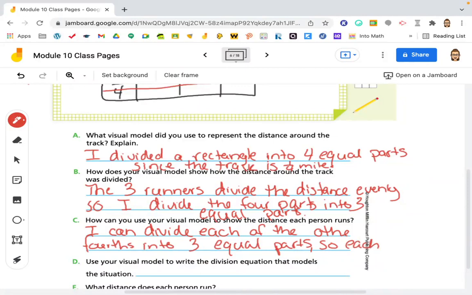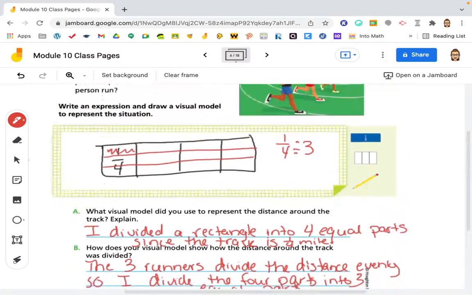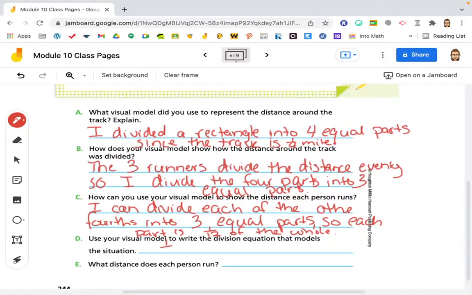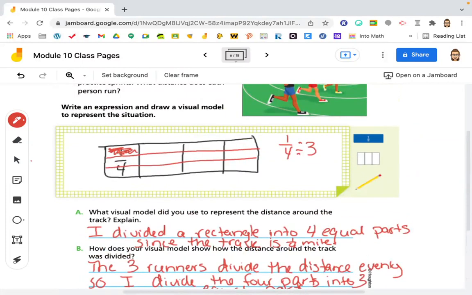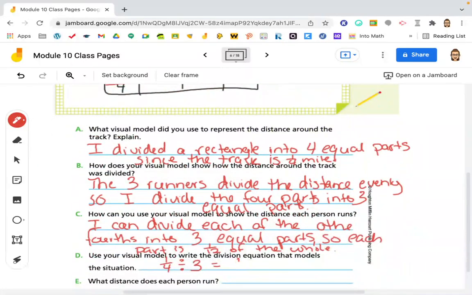So each part is 1/12 of the whole. Then it says, use your visual model to write the division equation that models the situation. Well, we already said we were doing 1/4 divided by 3. And 1/4 divided by 3 is going to be 1 out of the 12, so 1/12. So what distance does each person run? They run 1/12 of a mile.